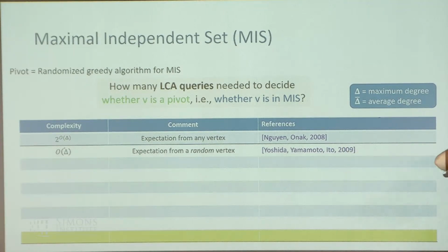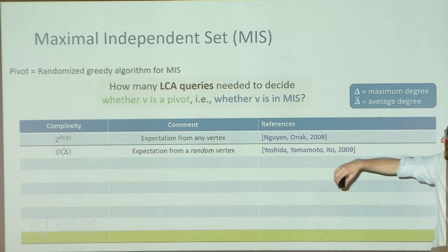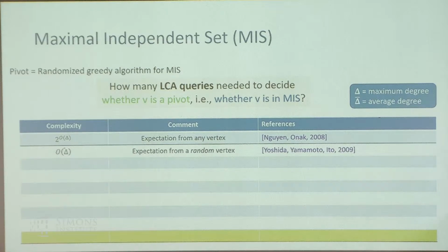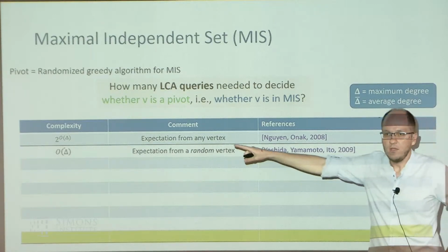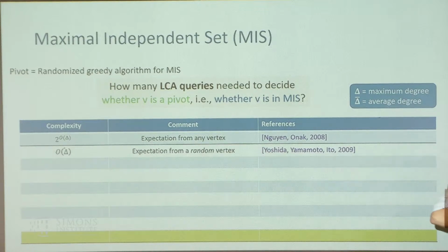They showed that if you execute randomized greedy MIS from a vertex, again, you're taking a permutation of all the vertices, you're following this query process that I've shown you, you need 2 to the order delta many LCA queries to learn whether the vertex is in MIS or not.